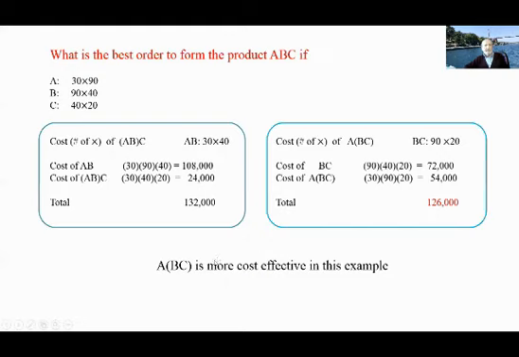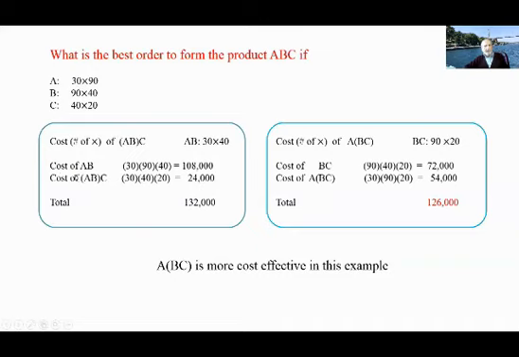Here's a very simple example. If A is 30 by 90, B is 90 by 40, C is 40 by 20. Now let's see the cost just in number of multiplications to do AB first and then times C. When you do AB, the result is 30 by 40.